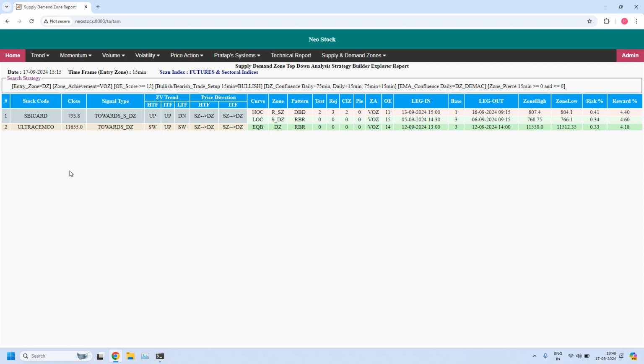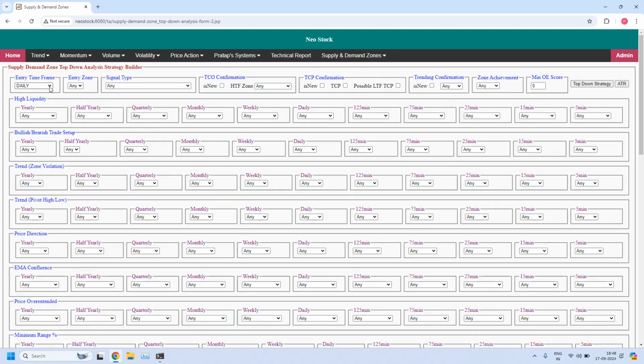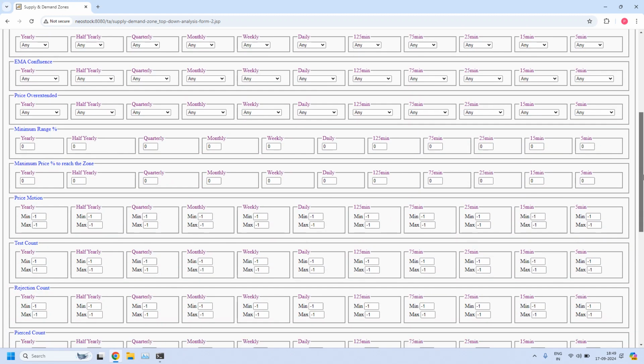Okay, next, this is an LTF, ITF, HTF confluence, and also the HTF trend, that is the daily trend, is uptrend with daily EMA confluence. So next one is the bearish trade setup for daily income trade. That is, the entry time frame is 15 minutes, and entry is on the supply zone. In bullish or bearish trade setup at 15, I am selecting bearish, and the 15 minute supply zone should not be pierced.